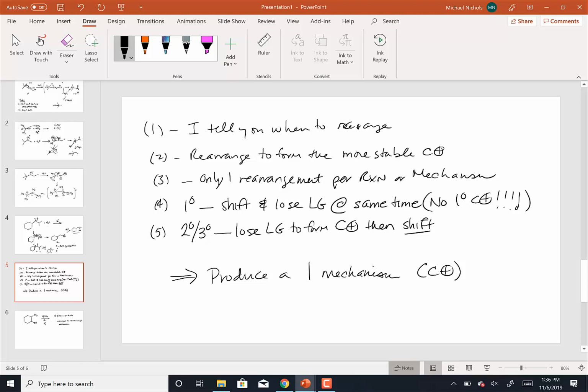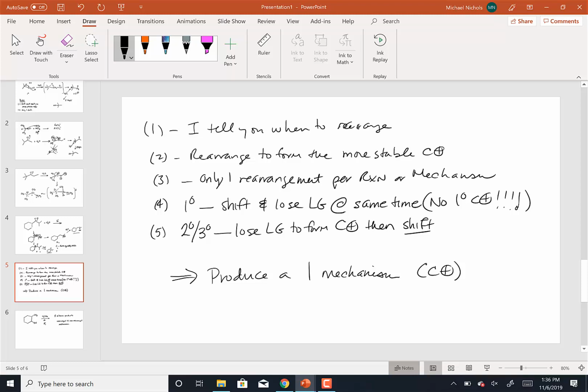I hope not, as you're writing your mechanisms. So the broader definition of 1 and 2, unimolecular and bimolecular, is carbocation 1, no carbocation 2. Oxonium, if that's all it is, it's a 2. Oxonium does not count as carbocation.